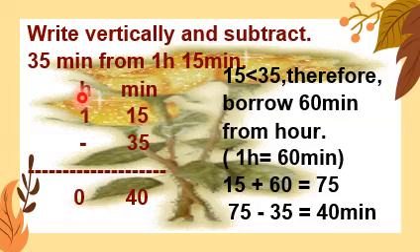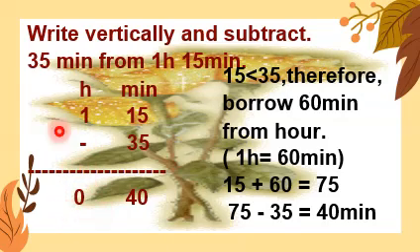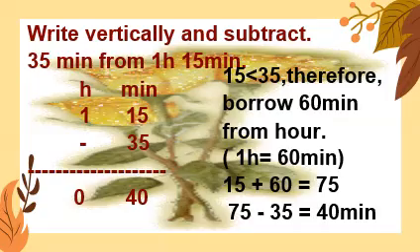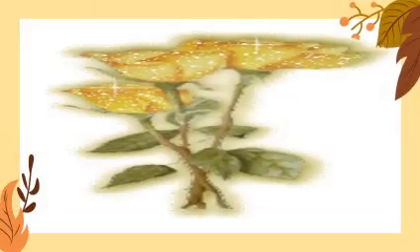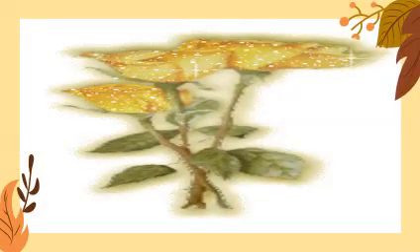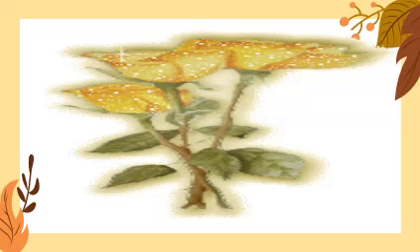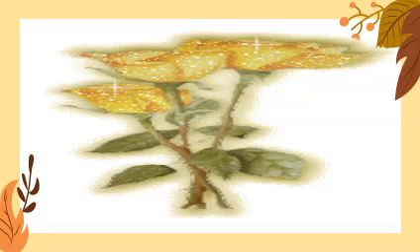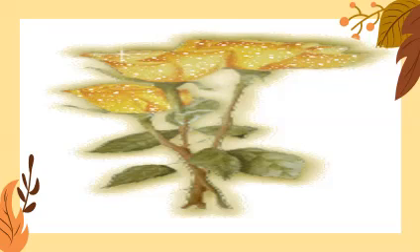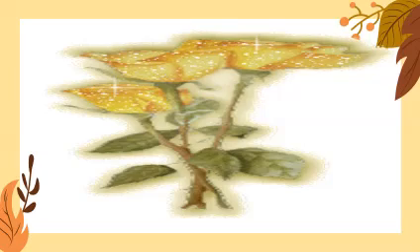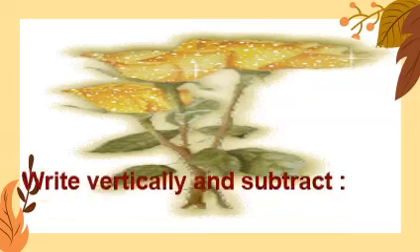So how many hours are there in the hours column? 0 hours are left in the hour column. Student, I hope you understood the rules of subtraction with the help of the previous example. Now I am taking another example for further explanation.